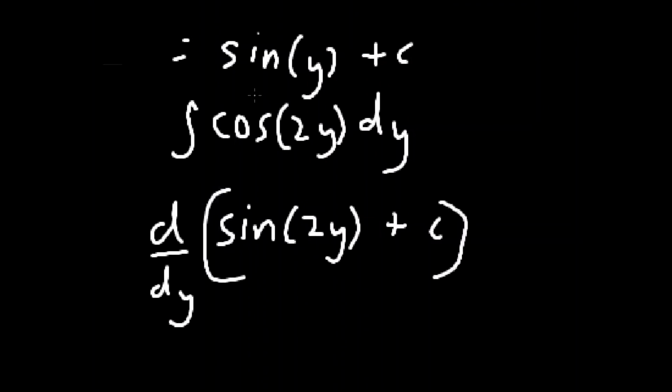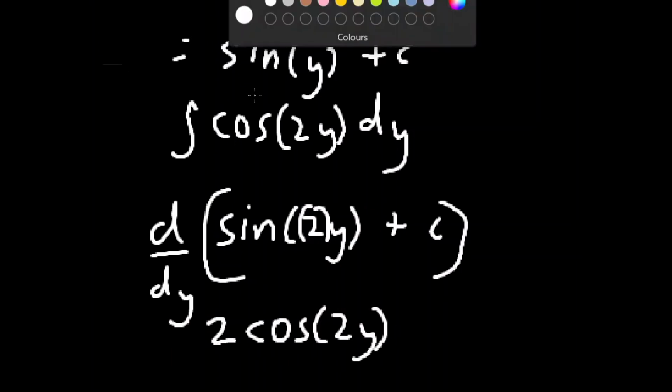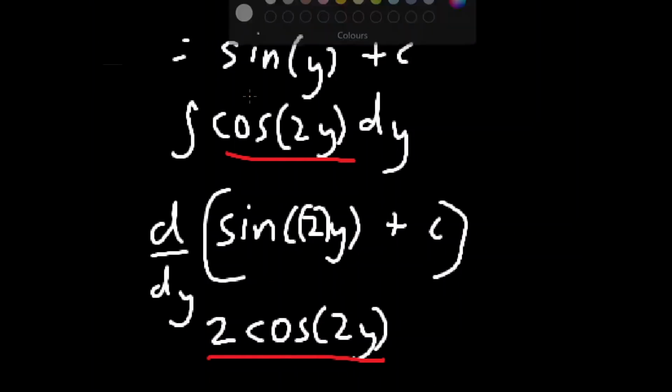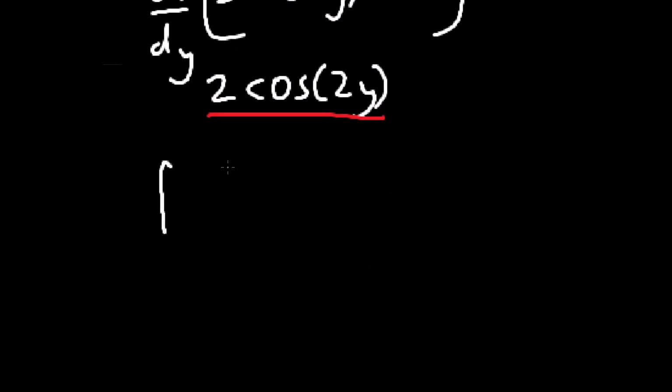Well, I'd use the chain rule, that 2 would come out the front and I get a 2 cos of 2y. And hang on a minute, that doesn't equal our original value here. So because of that chain, we're going to have to divide by 2. And so the final result that we get is going to be this.